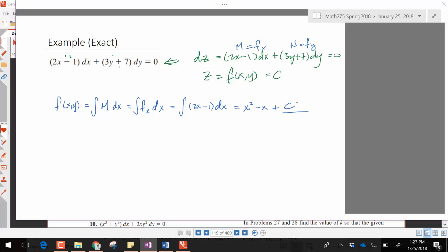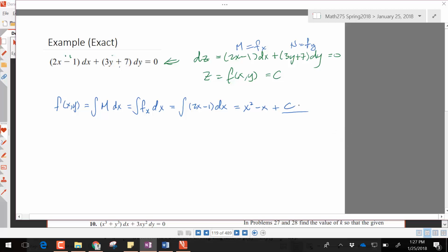but let's take a look at the structure of f. f is a function potentially of x and y, right? So when I take the derivative of f with respect to x, if I have a y by itself, then that would have disappeared because y is a constant with respect to x.